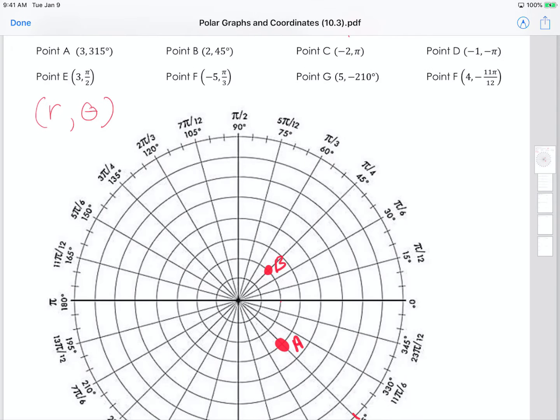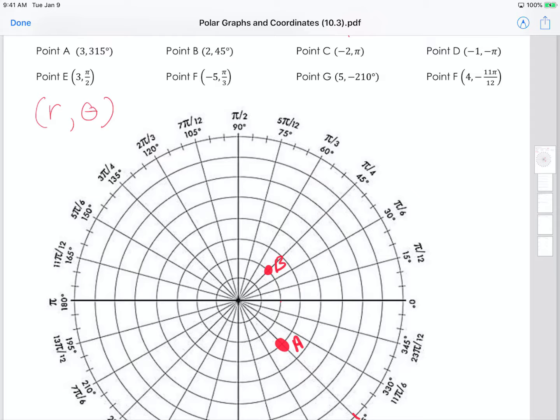Point C is given in radians, and we're going to swing open to pi, and this time we're going to go out in the negative direction, -2. Now this is a little bit different than what we're used to. When we look at the rectangular coordinate plane with x's and y's, we think going to the left would be negative or going down would be negative.